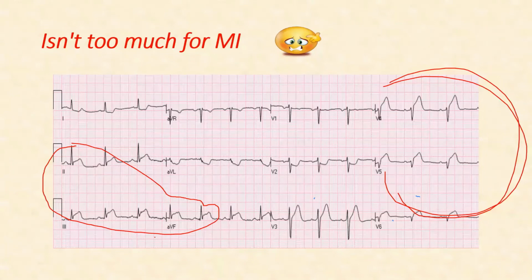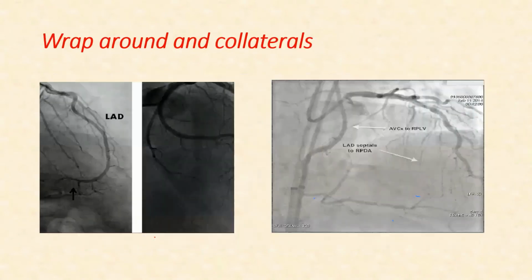How can we explain that? LAD and inferior, anterior and inferior, or anterolateral and inferior infarction at the same time. It could be due to LAD wrap around. Yes, very good. So it's either this LAD that is wrapping around, so if it gets occluded, it's going to lead to anterior and inferior together. Or what else?